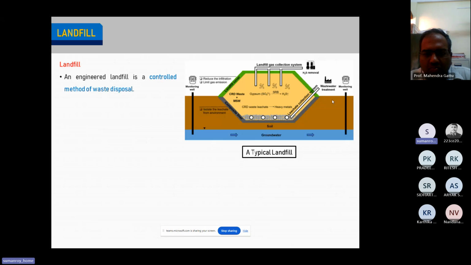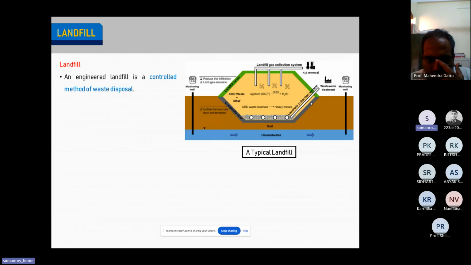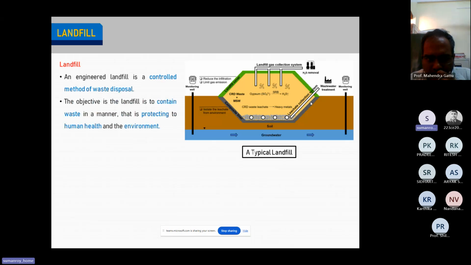So the foul odor and the tendency to catch fire will all be minimized. That is the job of this green colored thing. On the other hand, this gray colored thing at the bottom will prevent the leachate from coming in contact with the groundwater. So in both ways, this system is protecting the environment from this waste.